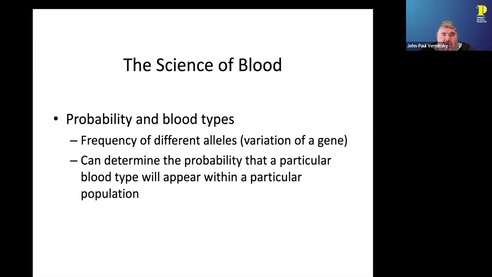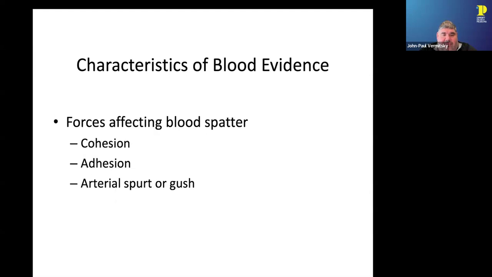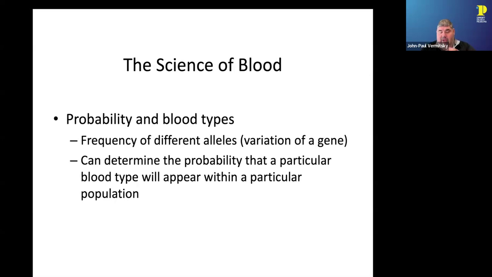Now, looking at the probability in blood types, this is the frequency of the different alleles or variation in the genes that can exist. We can determine the probability that a particular blood type will appear within a particular population. Okay. And, in your textbook, it does go over the percentages of the U.S. population that have each of the four primary types of blood.